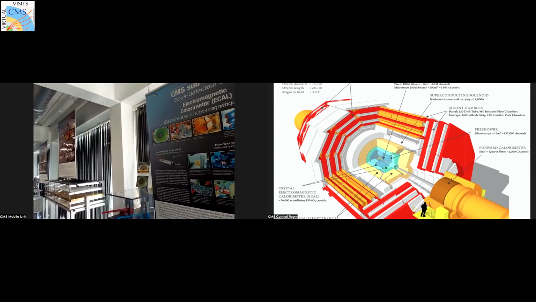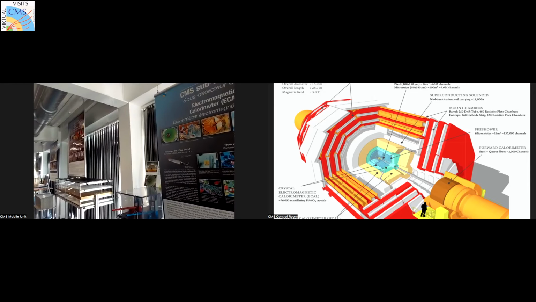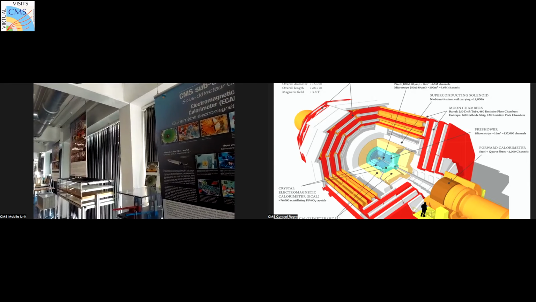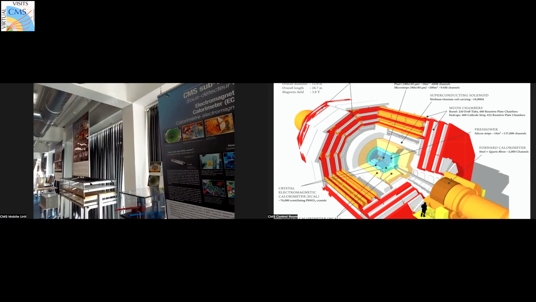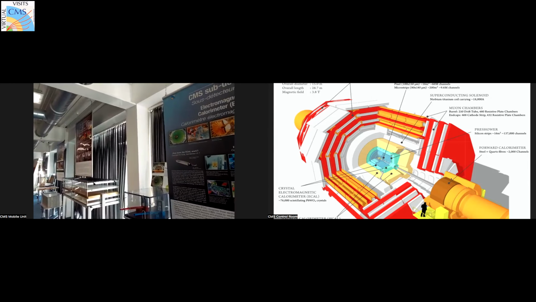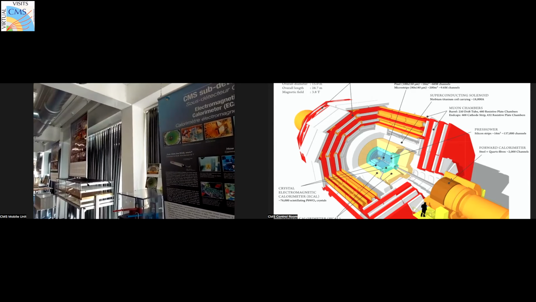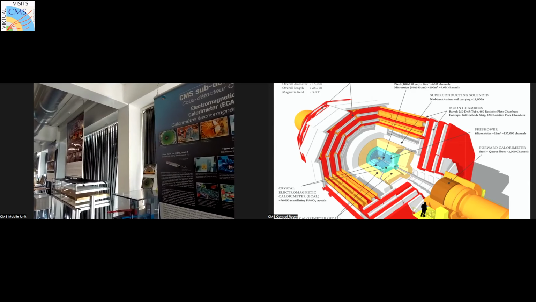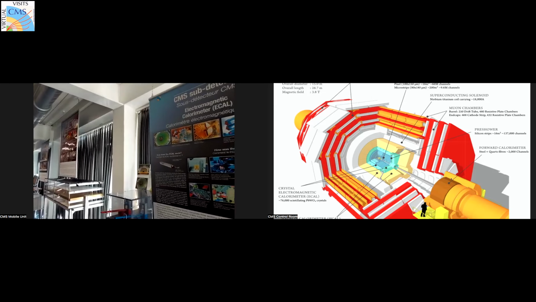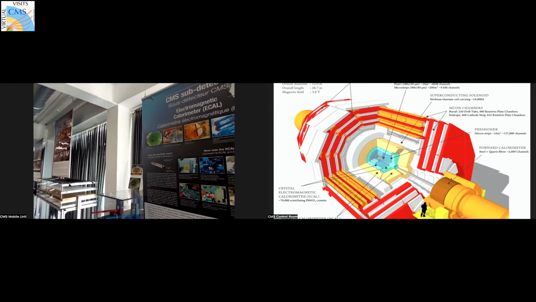So what you can do is measure the parameters of these decay particles. What parameters do you want to measure then? Of course, where they fly away, the track. You want to measure their momentum in some cases, you want to measure their energy, and also you want to measure or guess their identity.